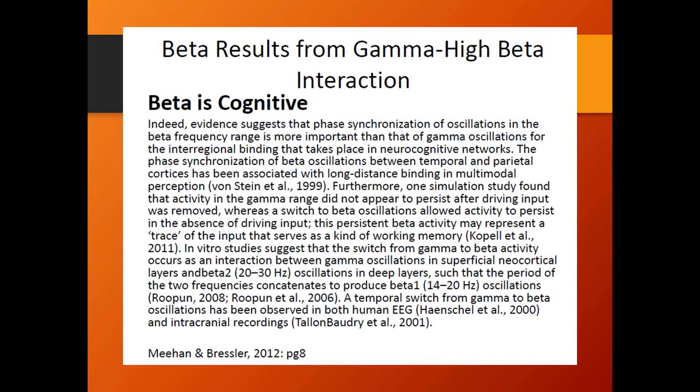So what we're getting is theta, subcortical waves, limbic structures, stimulating activity in the higher cortical layers, which activates deeper cortical layers in the beta frequencies. I mean, that's a banquet for neurofeedback people right there, that finding.